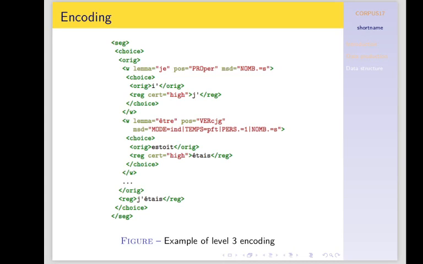We can see that, for instance, je, which is in the elided form, j apostrophe, is normalized to je, and that the lemma is je, part of speech pronoun personnel, personal pronoun, and then the information about the morphology, which is singular.